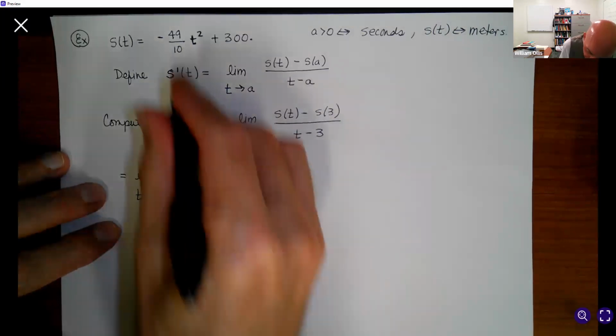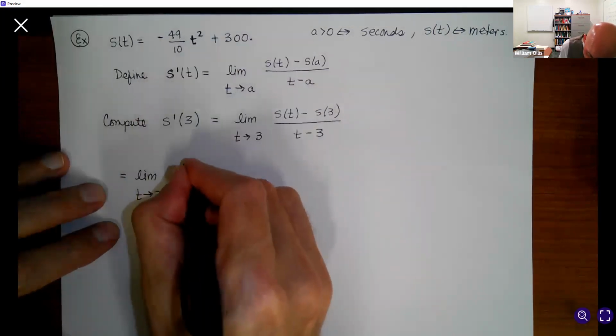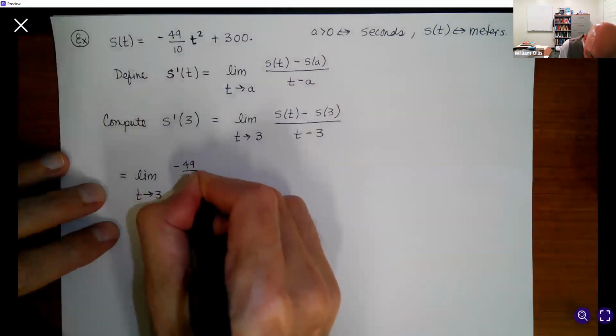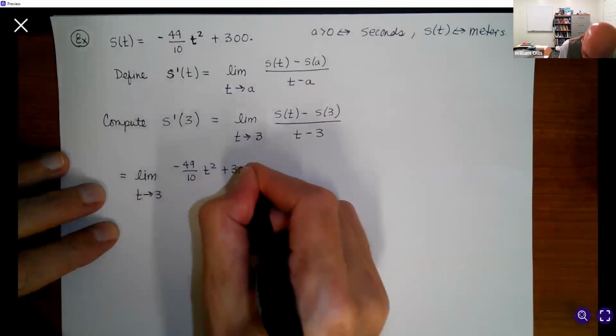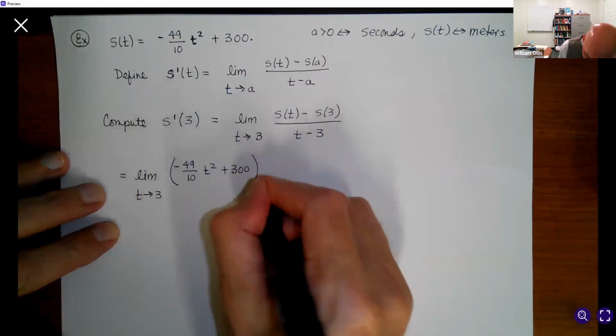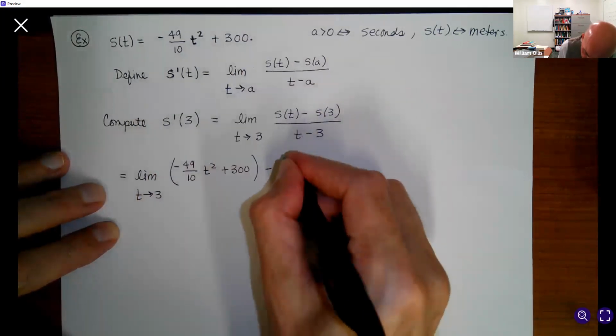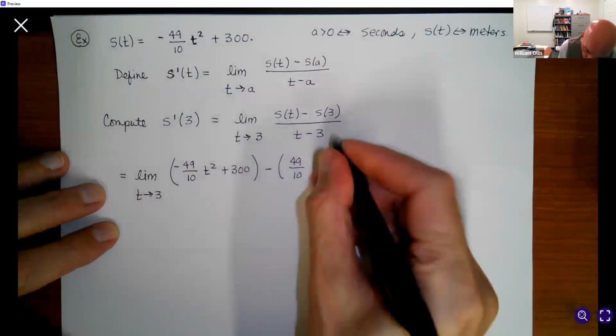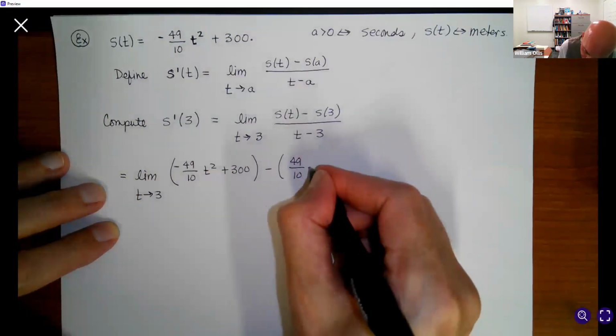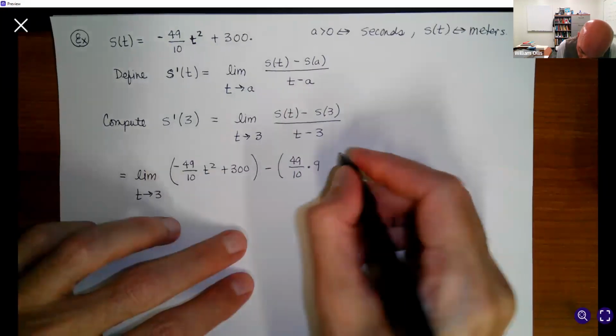So now we have S of t, which is up here, minus 49 over 10, t squared, plus 300, minus our S of 3. So we have 49 over 10, and of course we've got t squared, so that's times 9, plus 300.